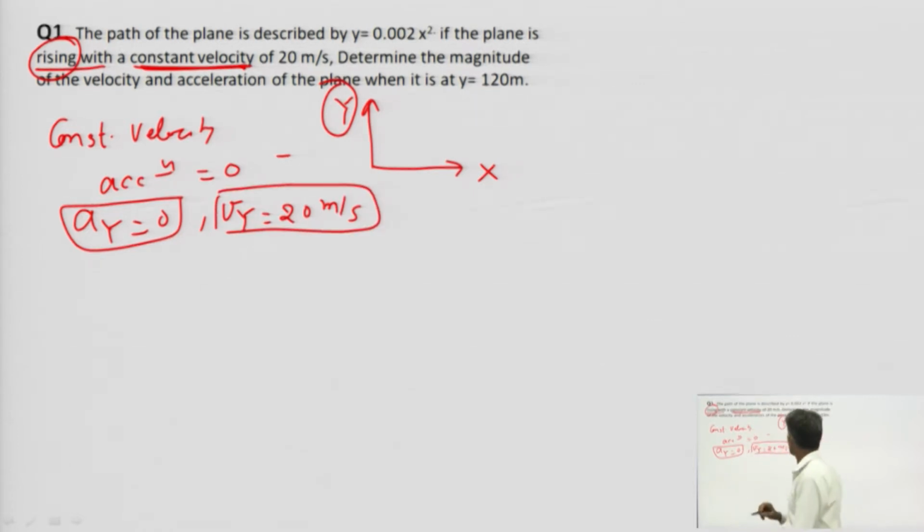This is the meaning. The path of the plane is described by this relation. If the plane is going in the y direction with a constant velocity of 20 meters per second, then the y component of the velocity is 20 meters per second.